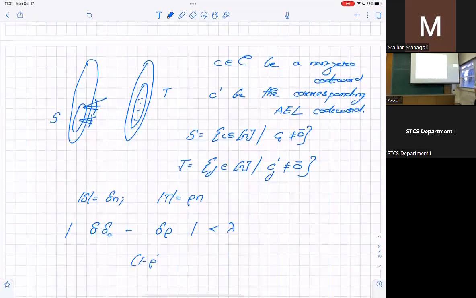So delta naught minus rho is less than lambda by delta. That's exactly the thing which I promised.